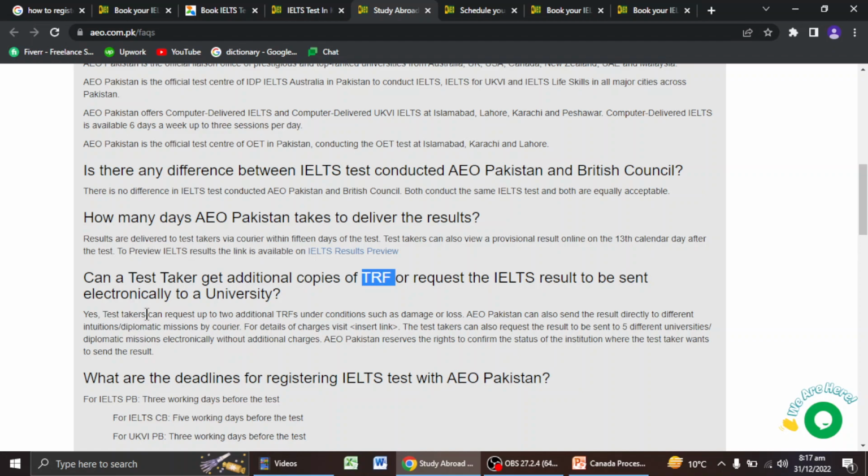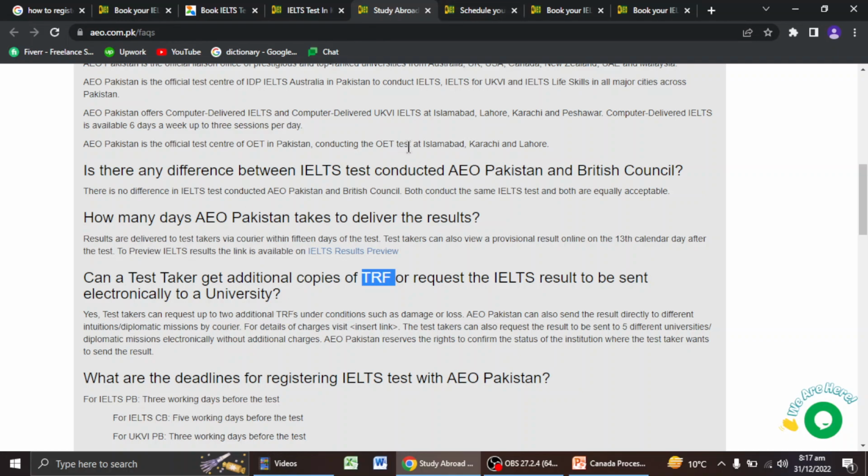So the test takers can request up to 2 additional TRFs. The first one is going to be emailed to you, and you can view it online. They also mail it to you after a few days, after 13 days, I guess. And if you want additional copies, it costs around 1,000 rupees, but we'll cover the costs in the next tab, right?